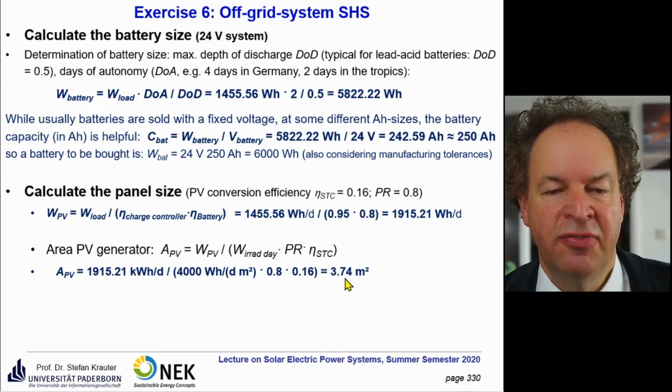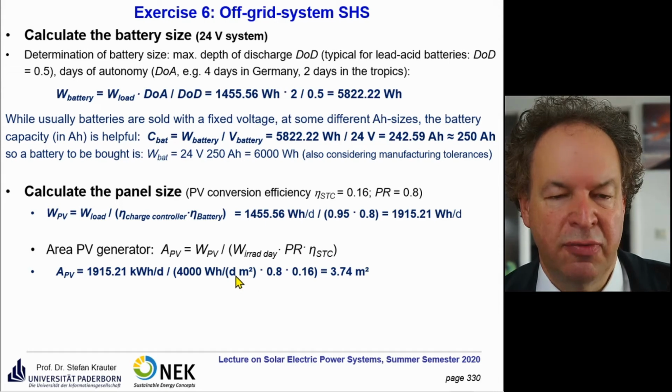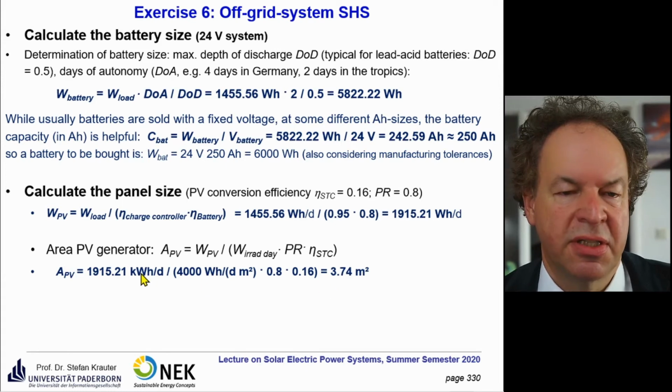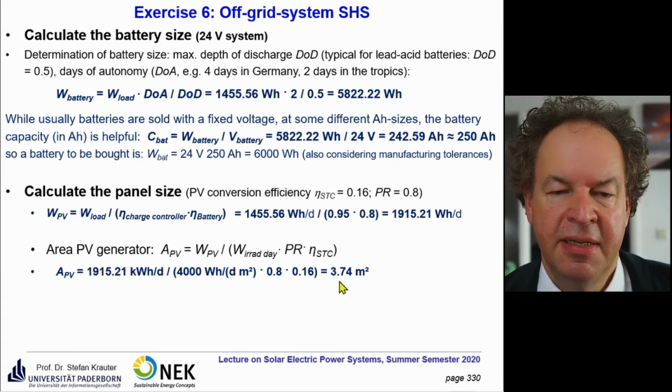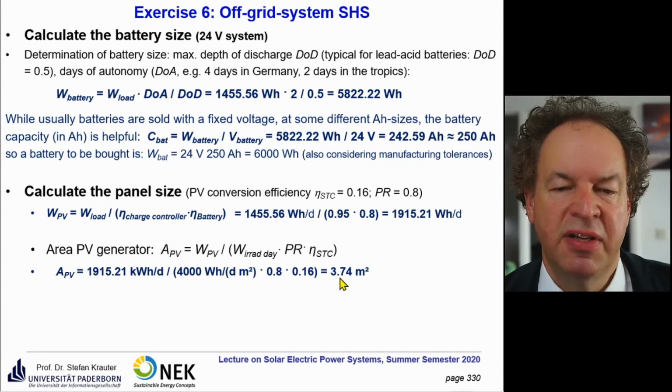It's always good advice to check the units here. Divided, the day gets eliminated, and the kilowatt hour gets eliminated, and so we arrive at, oh sorry, it's not watt hours, it's kilowatt hours. This is wrong here. Kilo must be eliminated here. So we have a size of 3.74 square meters.